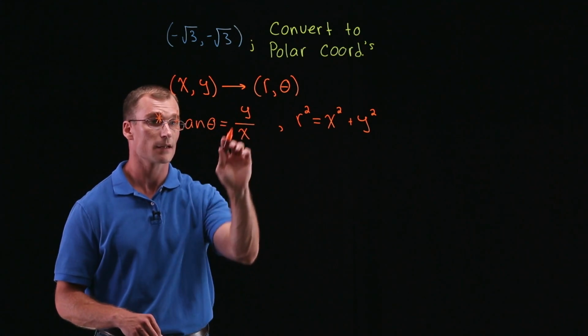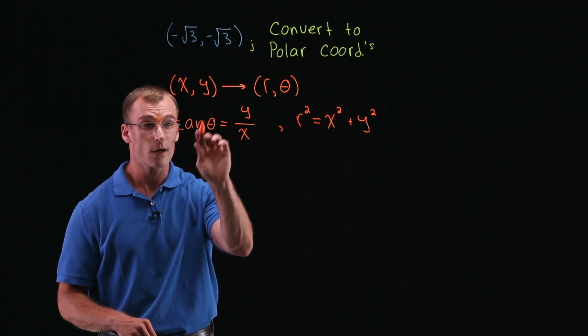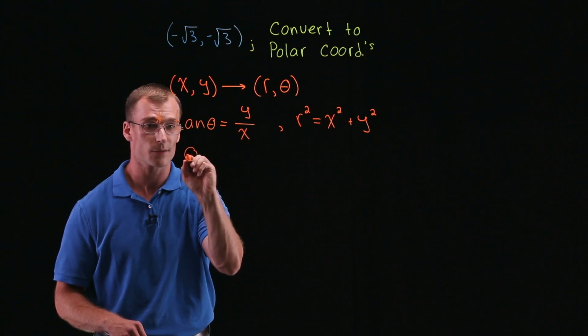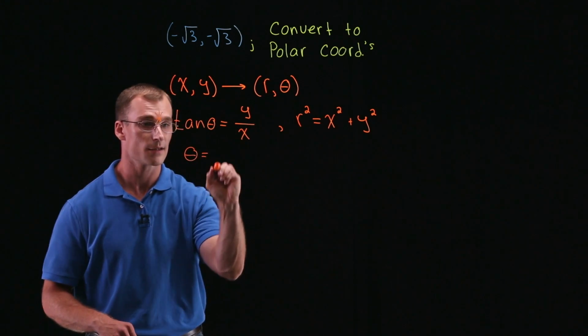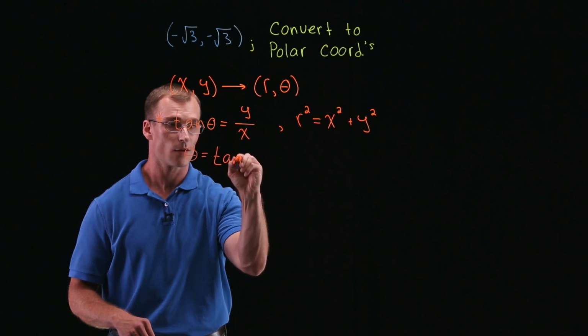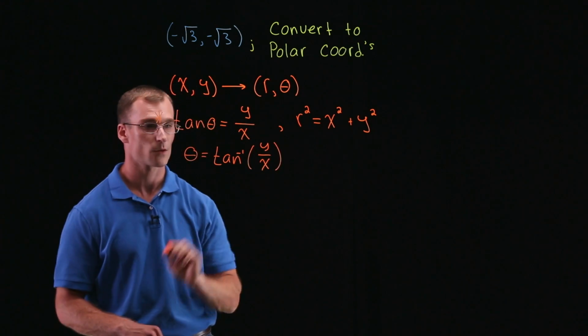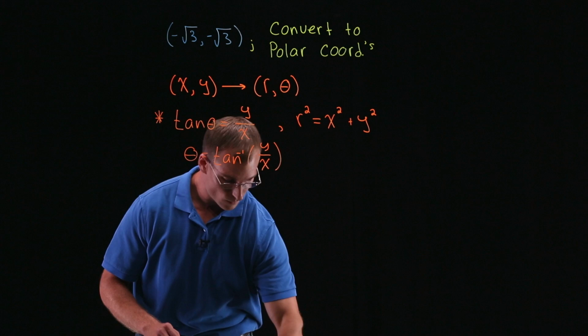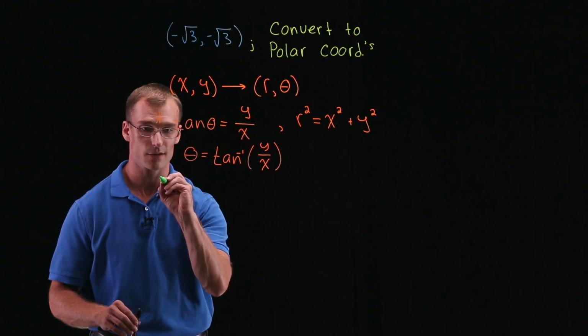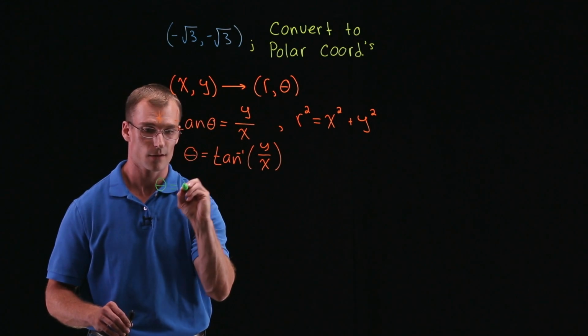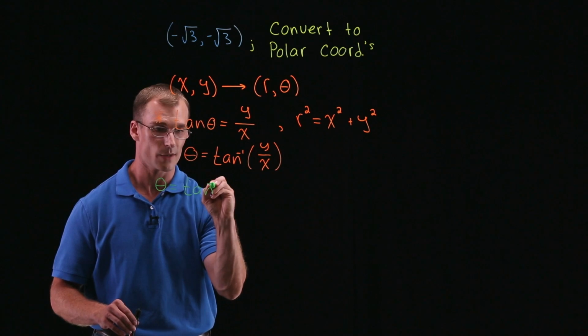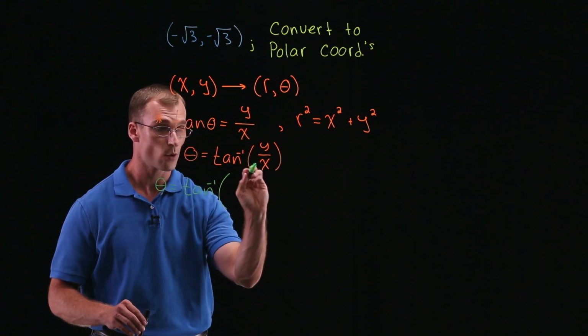So if tangent of theta is equal to y over x, wanting to solve for theta, this implies that theta is equal to tangent inverse of y over x. So that's what we can use. Theta is going to be tangent inverse of our y over our x.